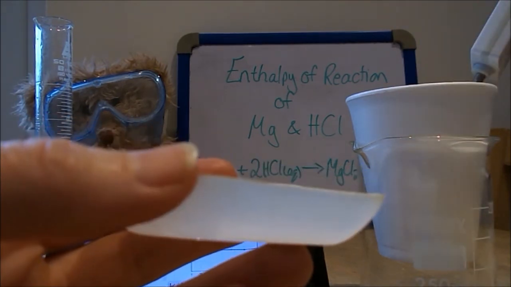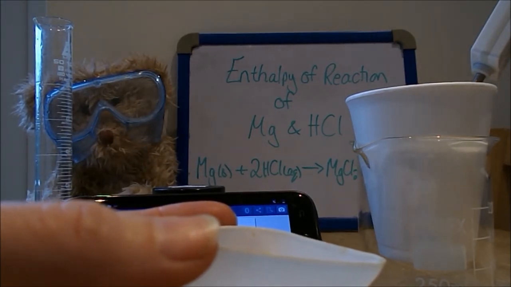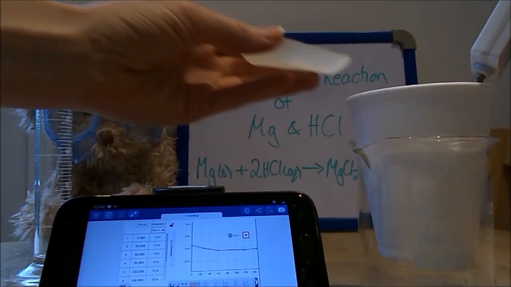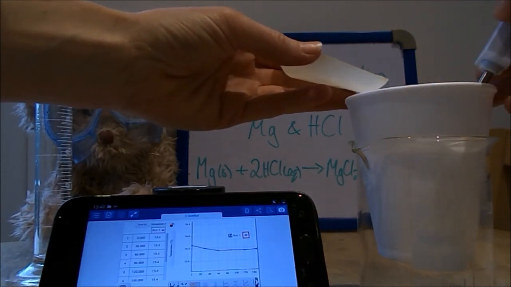Looking across our data set there for this particular experiment, we've got a static 15.4 degrees now, so we've had 4 readings in a row. So we're almost there, 2 minutes 50. Poised, ready to add these in.